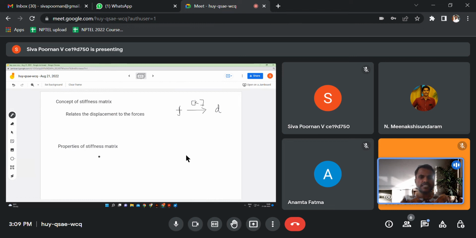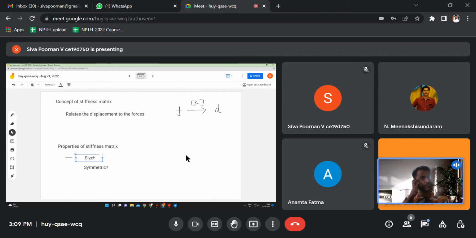What will be the size of the stiffness matrix first? I have many questions, so just try to answer as much as you can. What is the size of the stiffness matrix is the first question. Second, it's a square matrix. Okay, that is one property. Let me first list all the questions and then you can answer. Is it symmetric is a question.